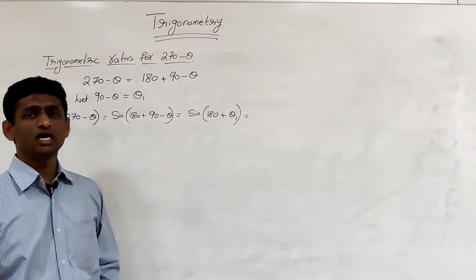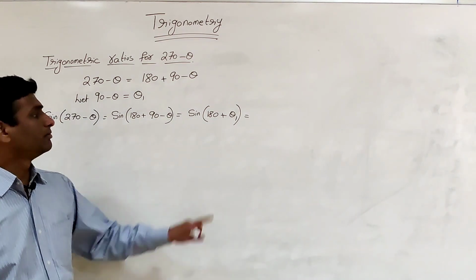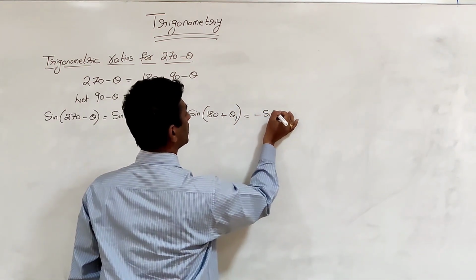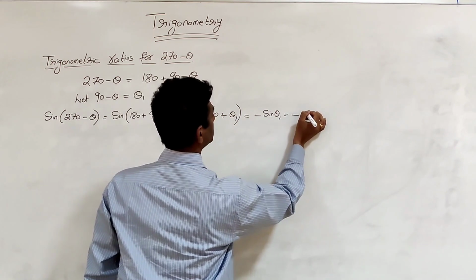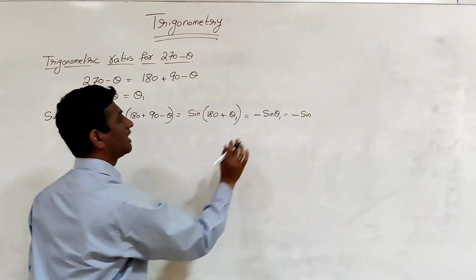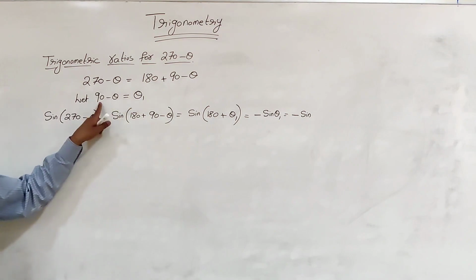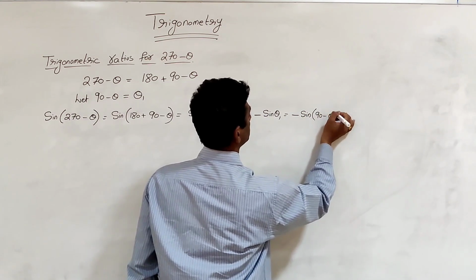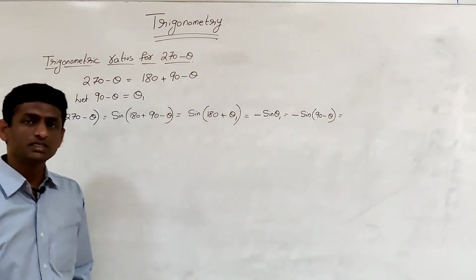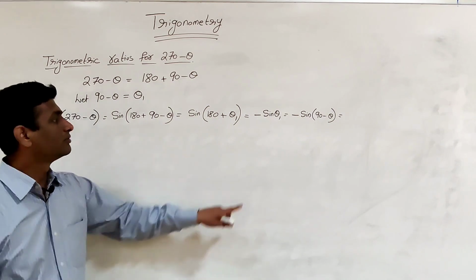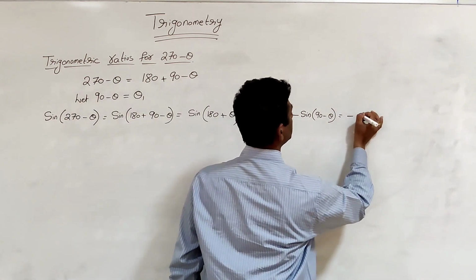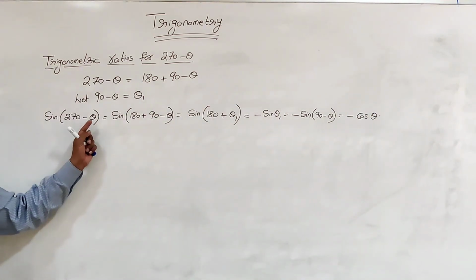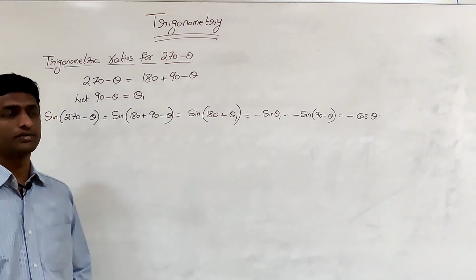Sine of 180 plus theta gives minus sine theta, but here it is theta 1, so it will be minus sine theta 1. Replace theta 1 with the original angle, 90 minus theta. Sine of 90 minus theta is cos theta, but there is a minus, so it will be minus cos theta. So sine of 270 minus theta is minus cos theta.